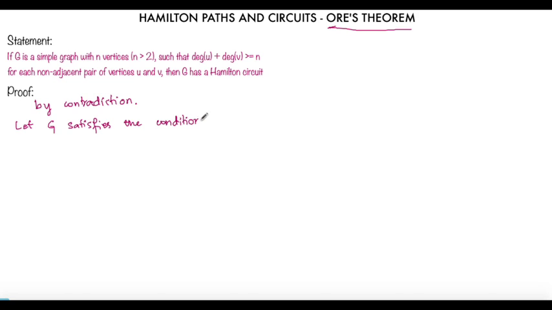And the condition is this. But G is not Hamiltonian. Again, Hamilton and Hamiltonian are the same. So this is our starting point.